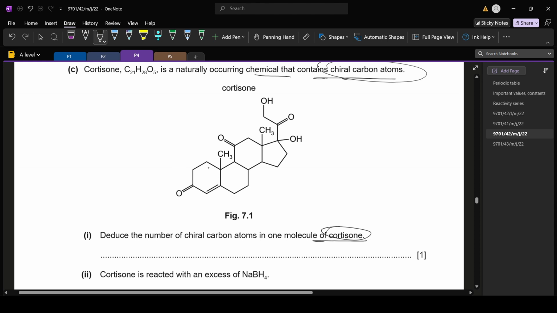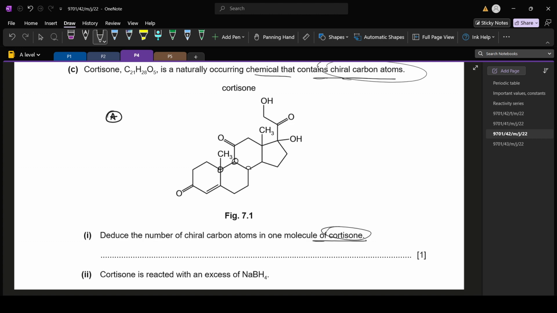Now I will put an asterisk on each carbon which is a chiral carbon. This carbon over here is a chiral carbon, and this carbon is also a chiral carbon. You can see that there are 4 different groups attached.